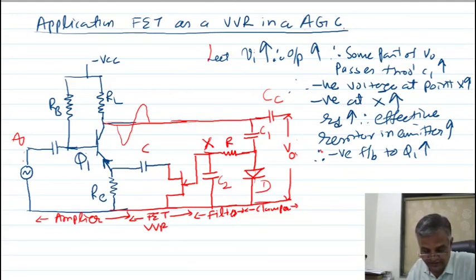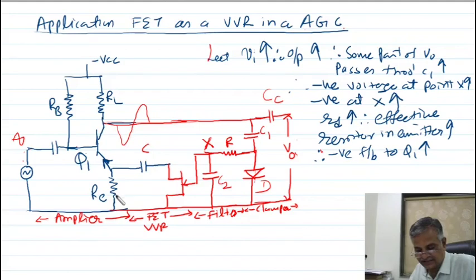Look again: the output voltage increases, some part passes through C1 and also increases. After clamping and filtering, the voltage at X increases. As the voltage at X increases, the resistance of the FET increases. This is open for the DC. So as this resistance increases, the overall effective resistance of RE increases.